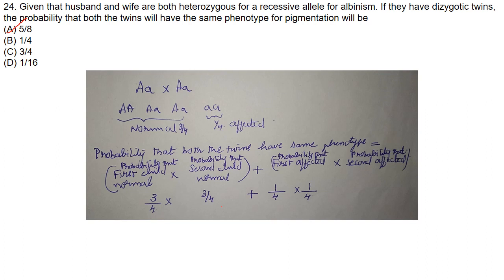Probability that both the twins have the same phenotype: probability that the first child is normal into probability that second child is normal plus probability that first is affected into probability that second is affected. So 3 by 4 into 3 by 4 plus 1 by 4 into 1 by 4. You will get answer as 5 by 8. Answer is option A.